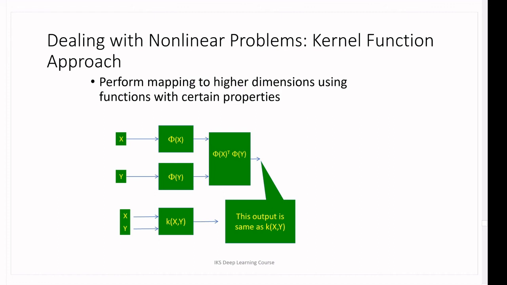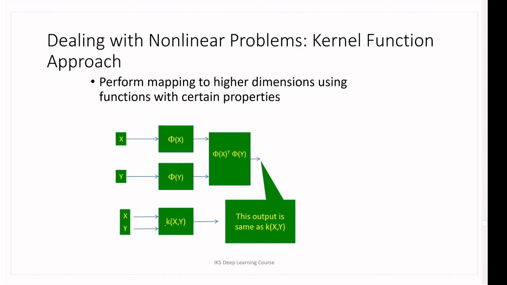So to understand this, let us look at this picture here. Let us say we have a vector x and we have a vector y. For vector x, we apply some kind of function phi x. For vector y, we apply some kind of function phi y. And then we calculate phi x transpose phi y.